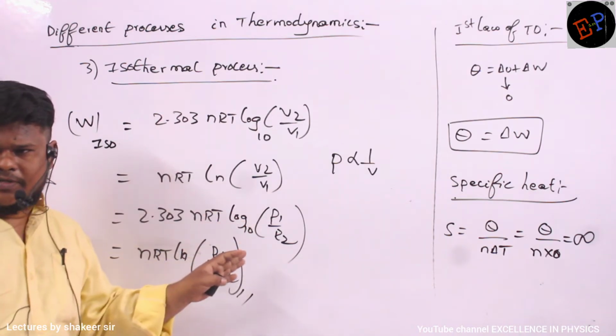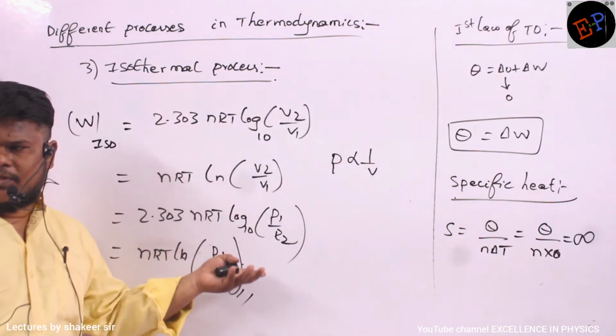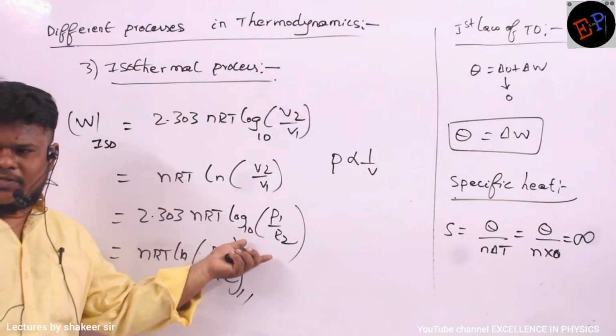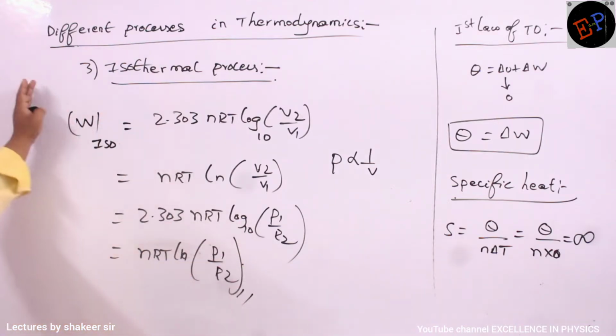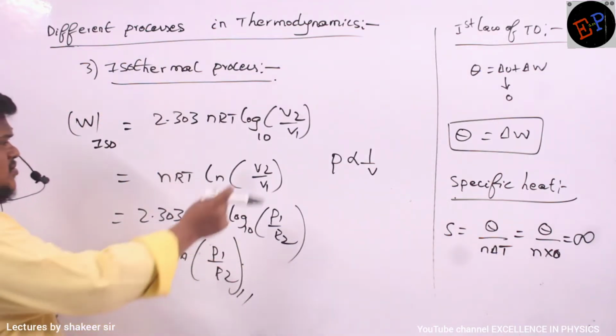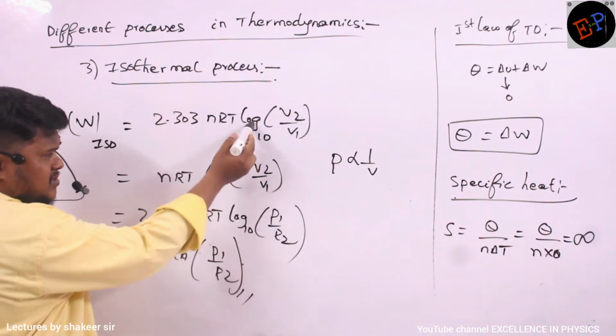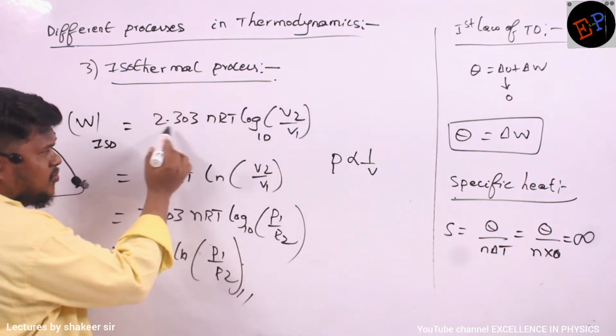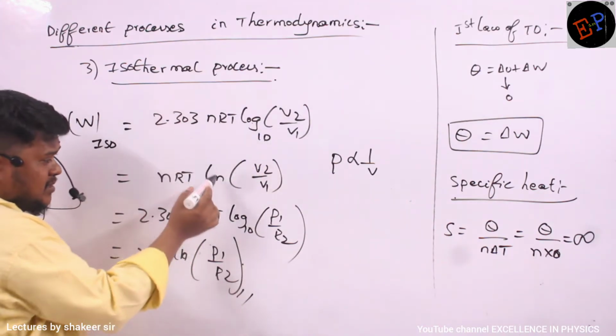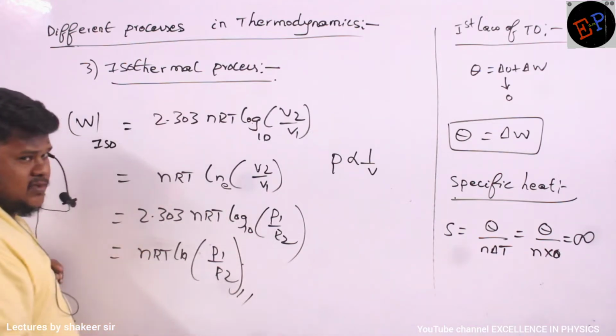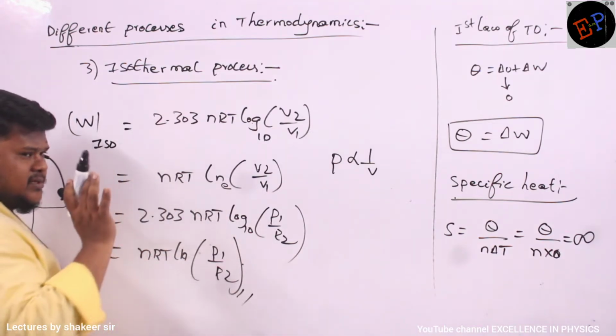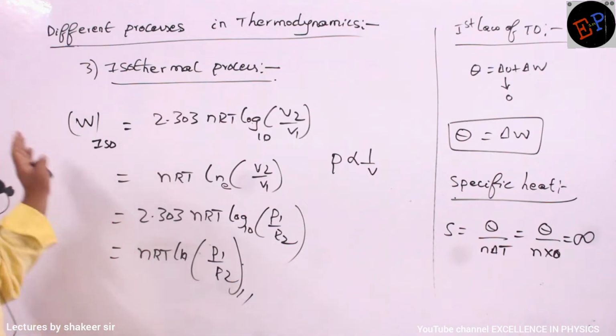We are not going for derivation. Because I don't think he will ask derivation in the NEET exam. He won't ask derivation in NEET exam, so we don't need it. Just remember the formula. Clear? So if it is written to the base of log 10, then you will get 2.303. Okay? Log to the base e, which is called natural logarithm, then you have to write just nRT. That's it. These are the formulae which we have in isothermal process.